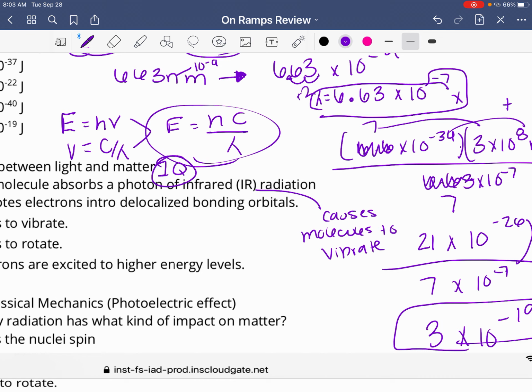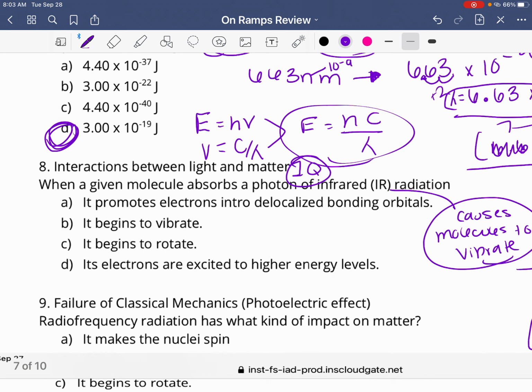Okay, so remember those slides that I made with the characteristics. You should know each one of those. IR causes it to vibrate. Rotation is microwave because it rotates your food.